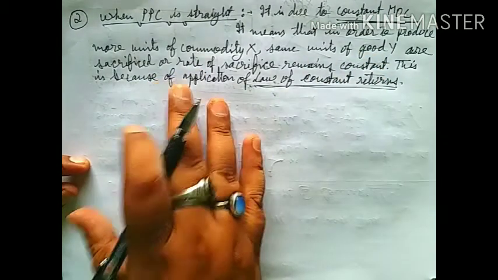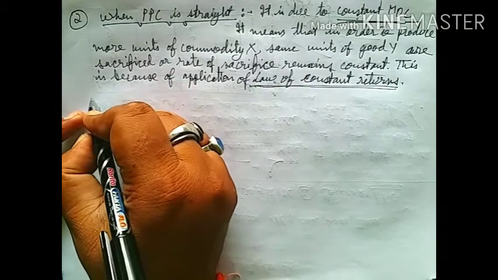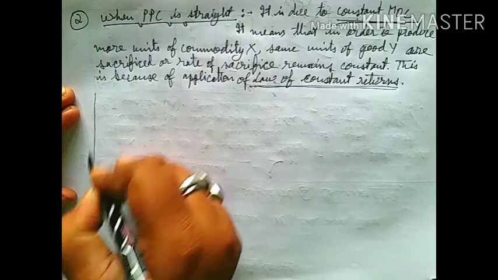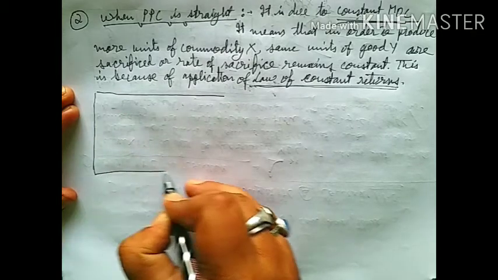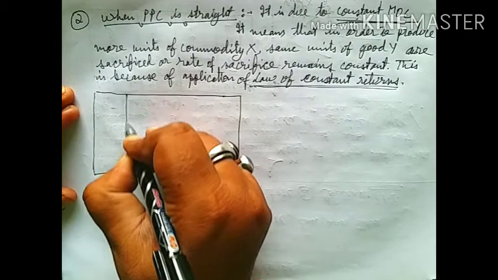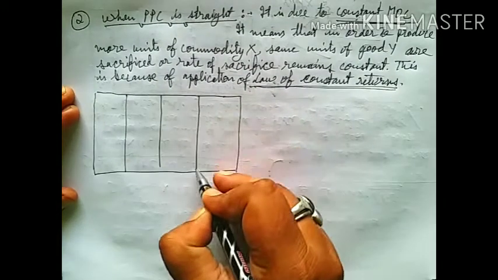So this condition we will discuss again with the help of a schedule and a graph. This is the possibility, this is commodity X, this is commodity Y, and this is the MOC.